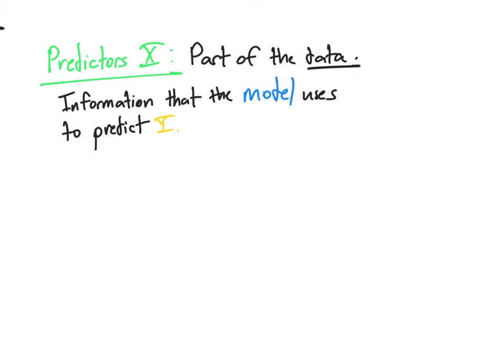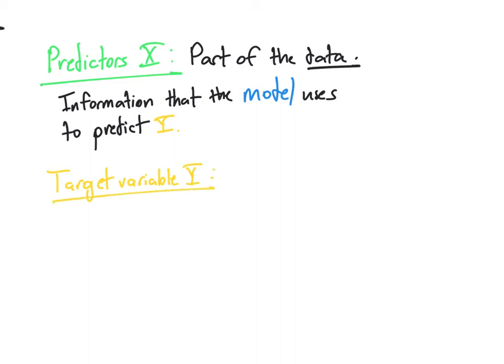Okay, so my predictors x, they're in my data, I have access to them. Okay, my target variable y.